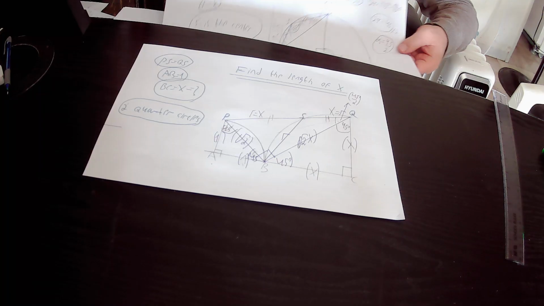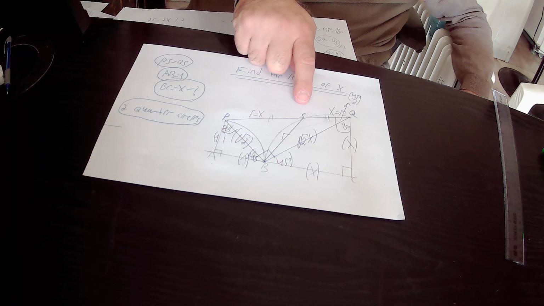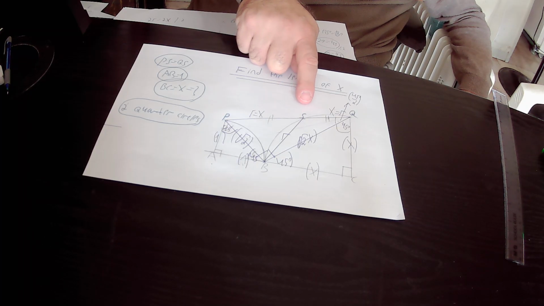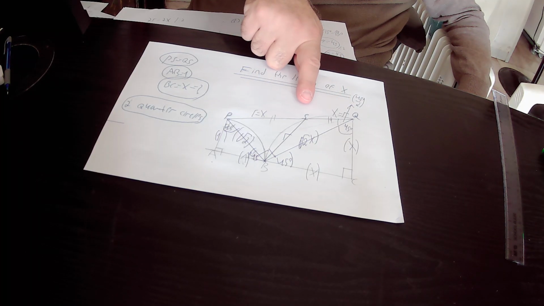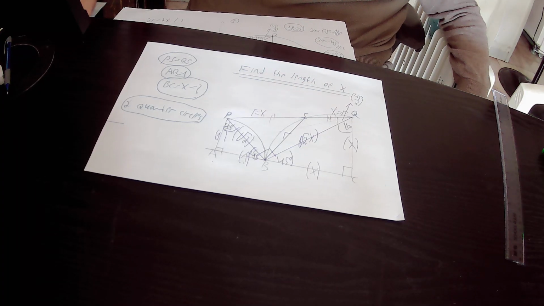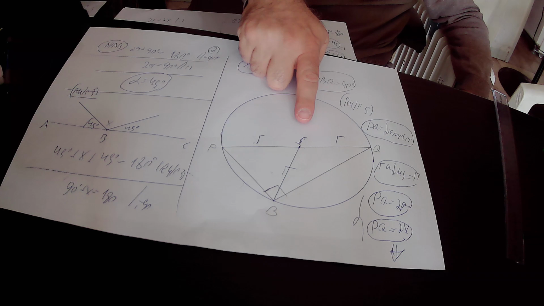Then I copied point S from this original drawing. Point S is located on PQ. So I copied point S from the original drawing to our new drawing, exactly the same location that is located here.